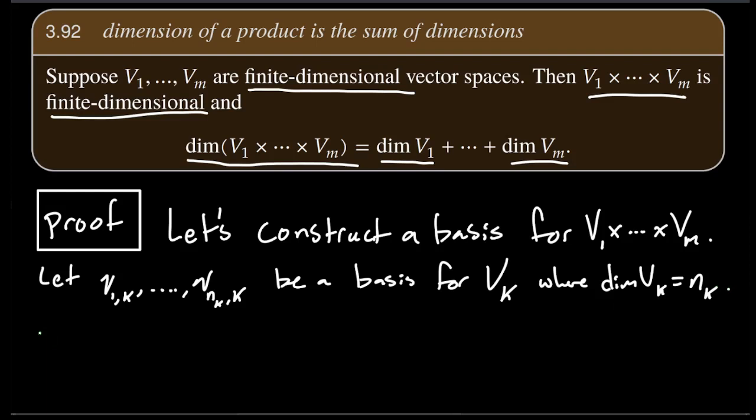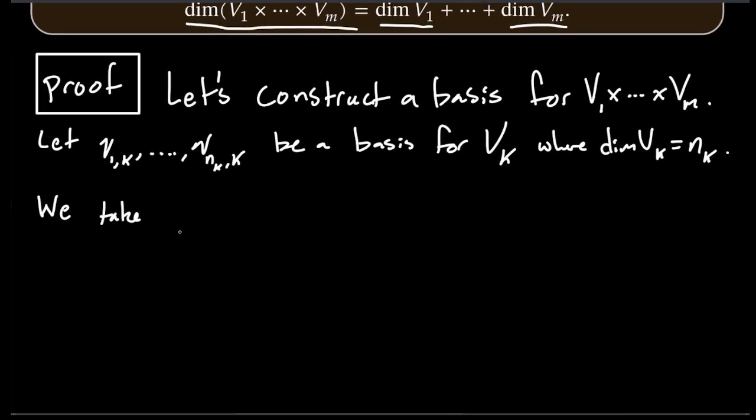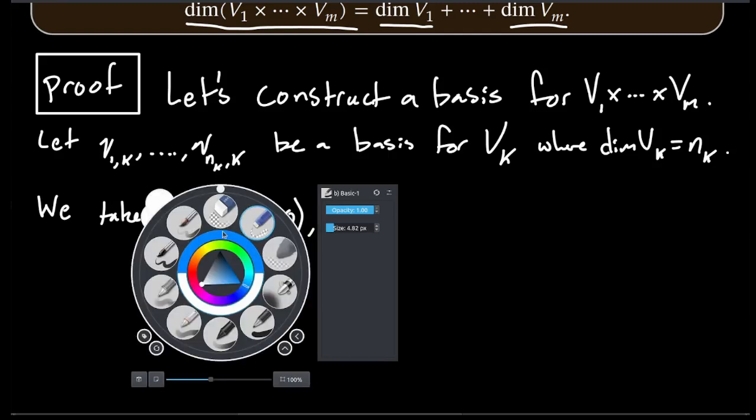Now, here's what we'll do. We take the following. So this is going to look messy. Okay, here's the idea. In the first entry, we'll do v1k, and then I'll do the additive identity for everything else. And then I'll go comma, and I'll go all the way down. Oh, sorry, I made one tiny mistake right there.